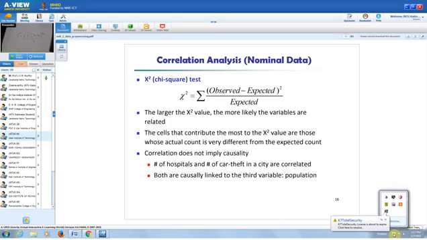So, how do you get the Eij? Your Eij is your count of A equal to Ai multiplied by count of B equal to Bj over n, where n is the total number of data tuples you are considering.